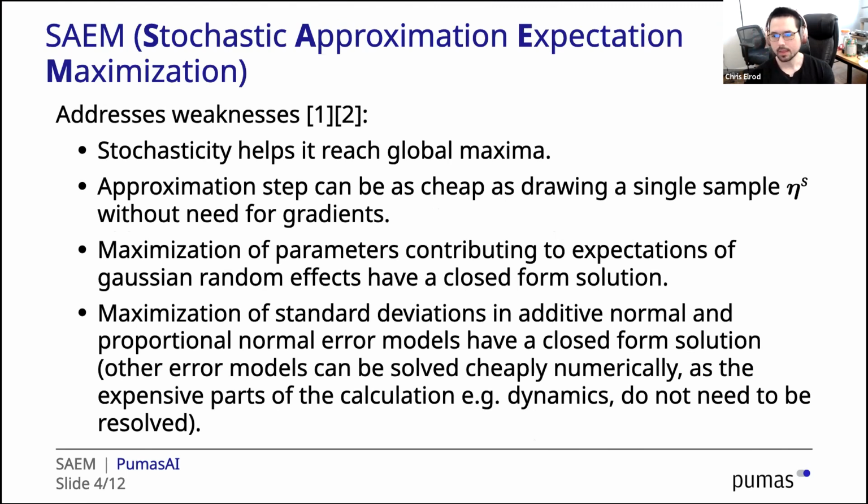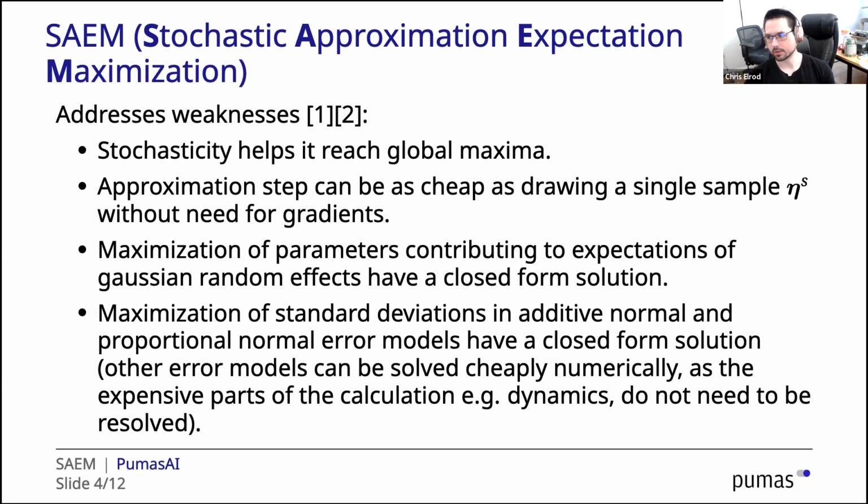Just as a quick overview, and in reference to the previous slide, the stochastic nature of it helps it better find the global maximum, because particularly in the early stages of the algorithm running, it tends to jump around a lot, which helps it escape local maxima to find the global maximum.